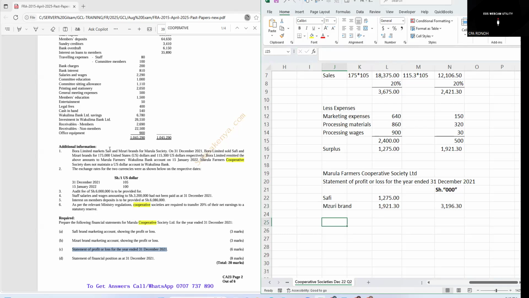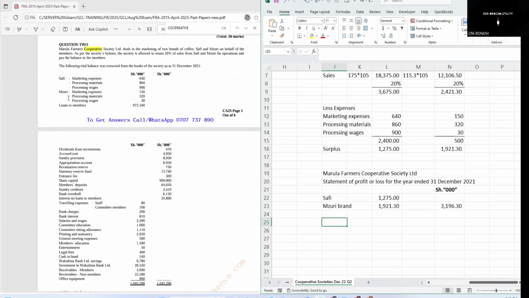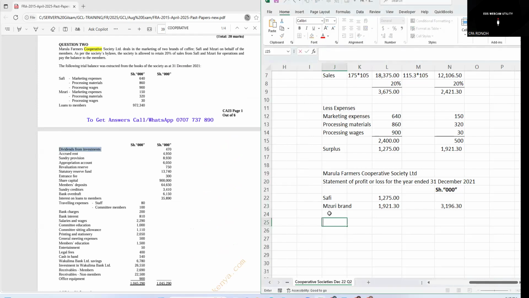Once we have that, we go to other incomes apart from these two. You go to the trial balance and pick the other incomes. Loan to members, that is not an income. Dividend from the investment of 470, that is an income.